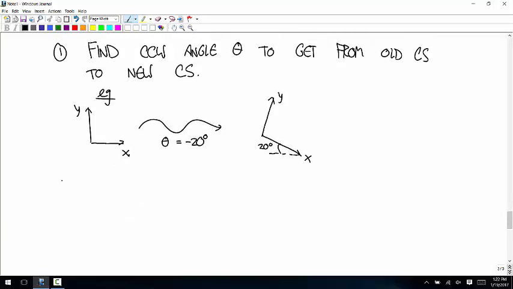Now we're going to fill out a matrix called Q, the rotation matrix, that's always equal to cosine of that angle theta, sine of that angle theta, negative sine, cosine.